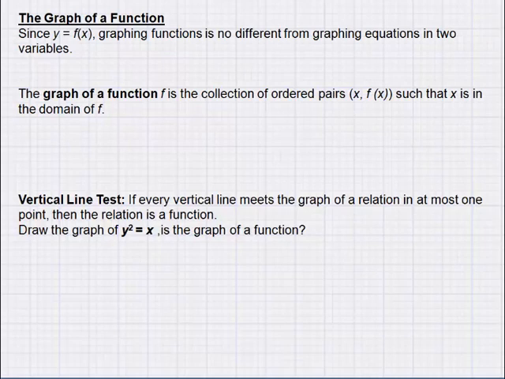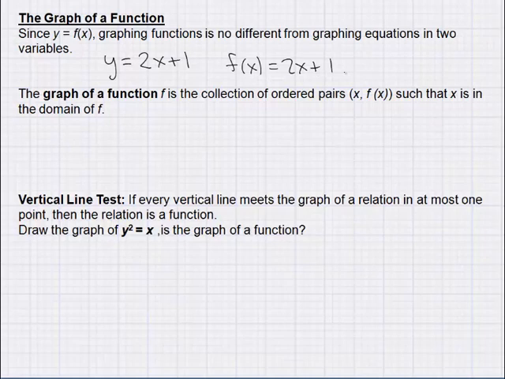So if we replace y with f of x, an equation like y equals 2x plus 1, which is a linear equation, becomes f of x equals 2x plus 1. So if you know how to graph y equals 2x plus 1, you really know how to graph f of x equals 2x plus 1.